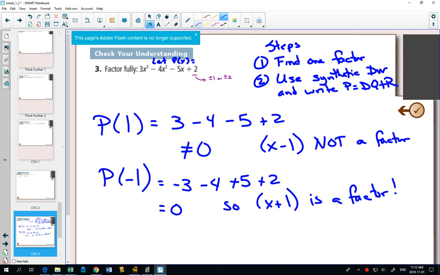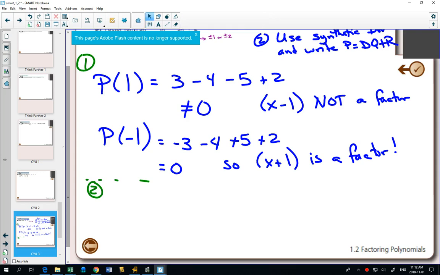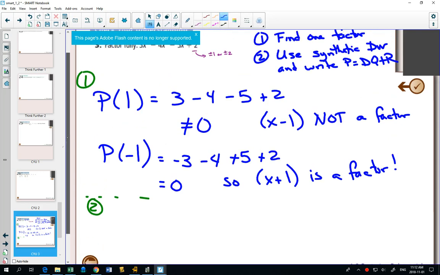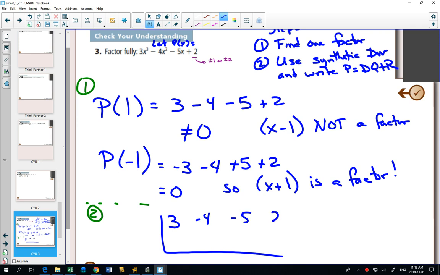So we've done step 1. Now we're ready for step 2. Synthetic division, 3, -4, -5, 2.